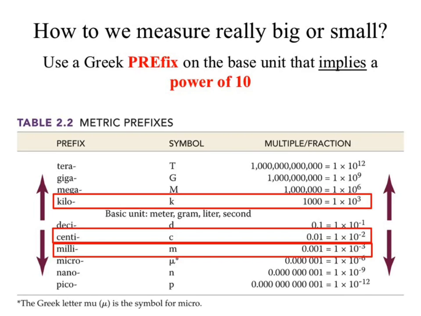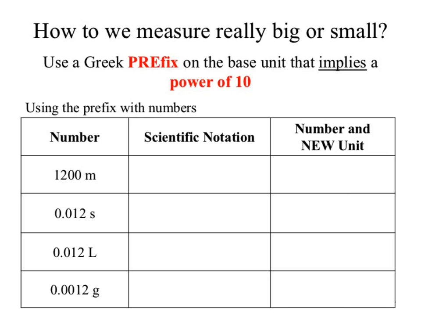Make sense? Do you want to set up some conversions here? Okay. I'll do the first one for you. Scientific notation. I have 1.2 times 10 to the, I went 1, 2, 3 locations, 10 to the third. Since 1200 is a big number, that's going to be a positive value.